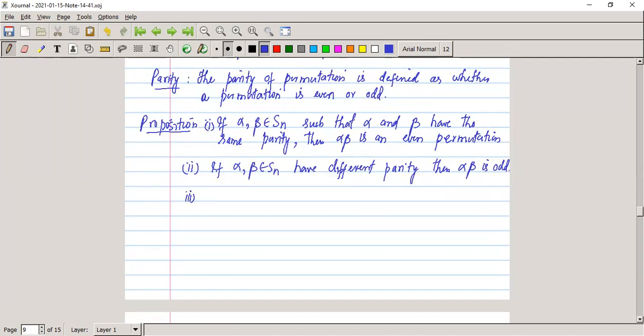Let's make one more statement here. The permutations alpha and alpha beta inverse have the same parity.